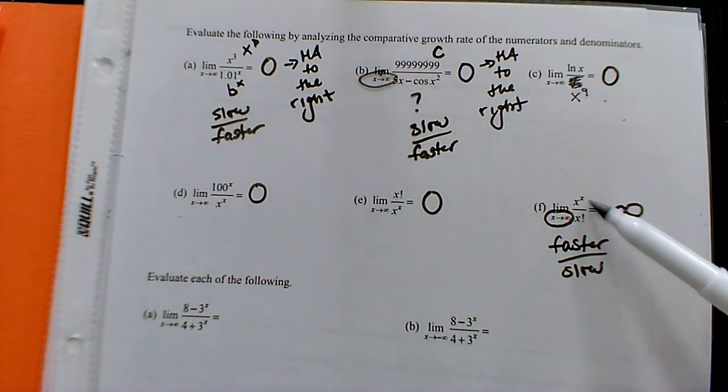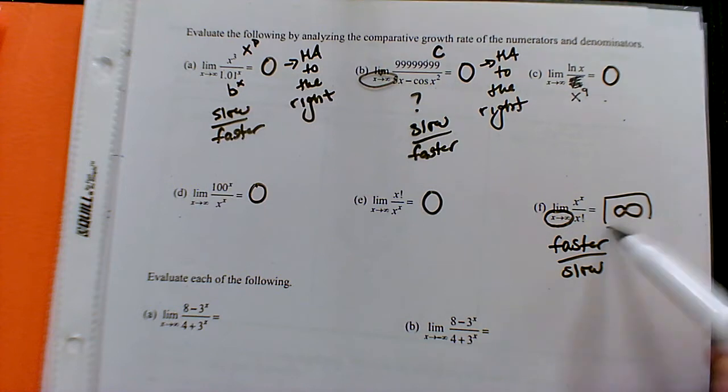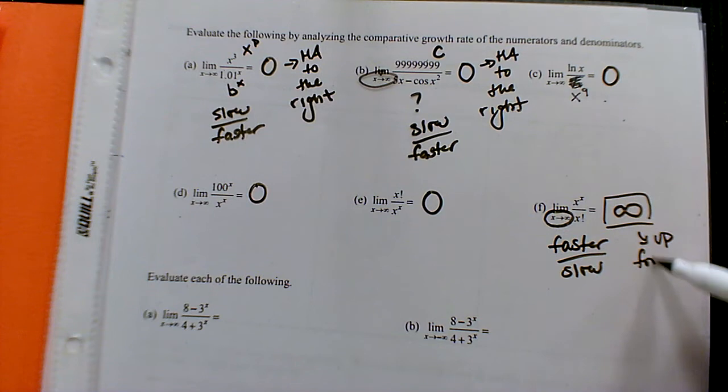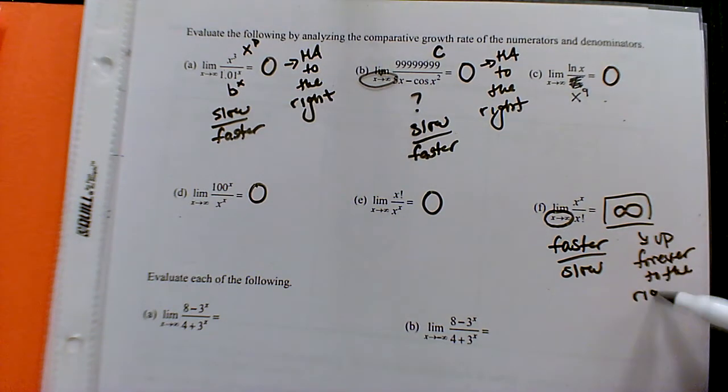If you were to plug in positive infinity up top and down below, would you get a positive value or a negative value? Positive. So we're going to keep it a positive infinity. So graphically speaking, you don't have a horizontal asymptote. You go up forever to the right.